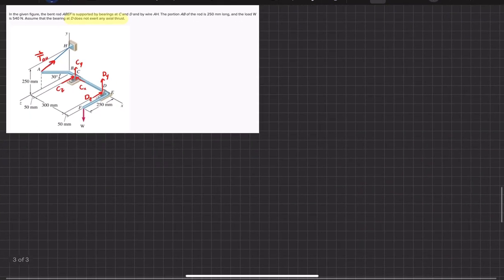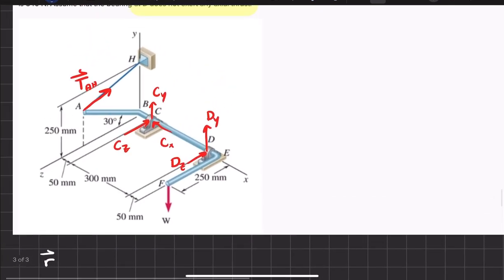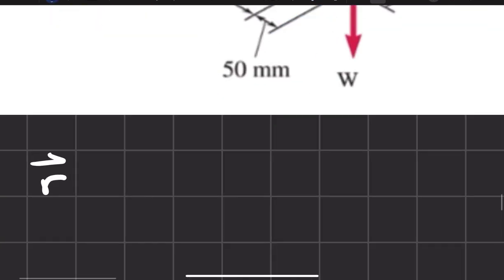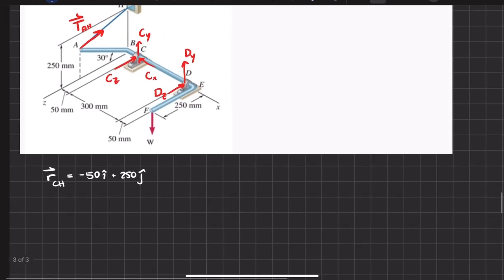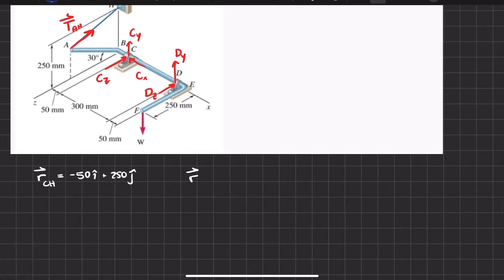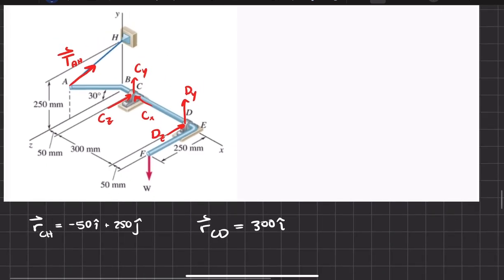So I'm going to go ahead and label our direction vector from C to H, and that is equal to negative 50i plus 250j. We have our position vector from C to D, which is equal to 300i, and this is just along the rod, like so.